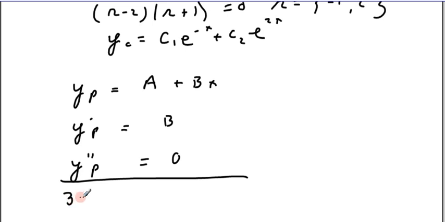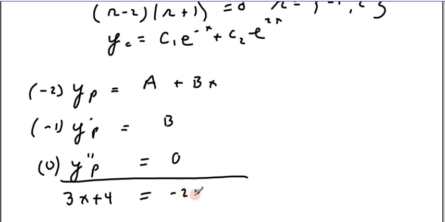And I want a 3x plus 4 on this side, and I want minus 2 of them, minus 1 of them, and 0 of that guy. 0 times 0 is 0. Isn't that cool? So I have minus 2a minus 2bx minus b.